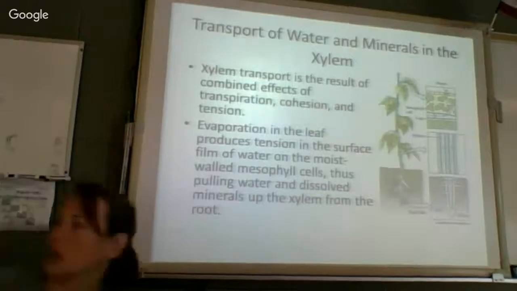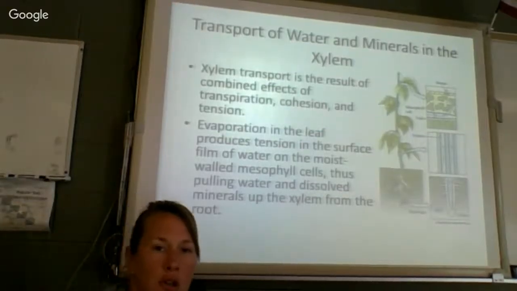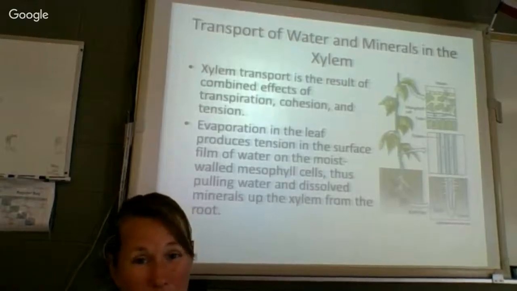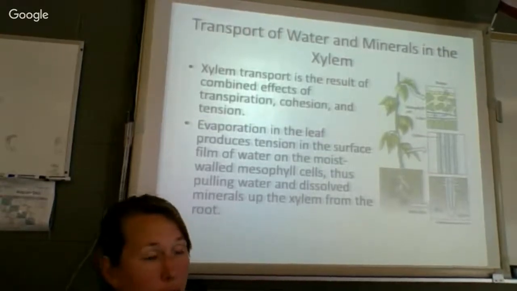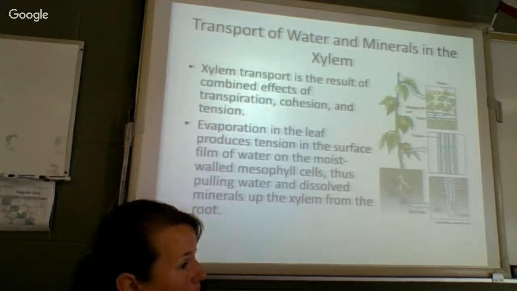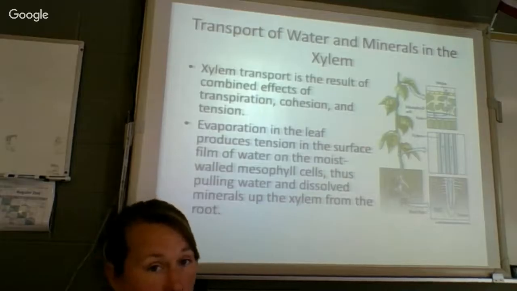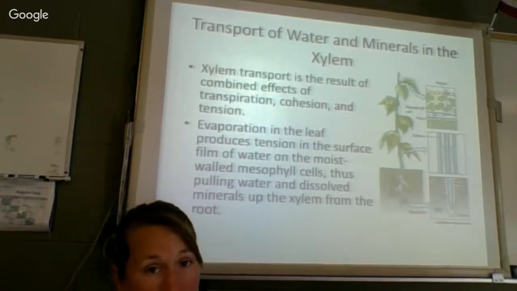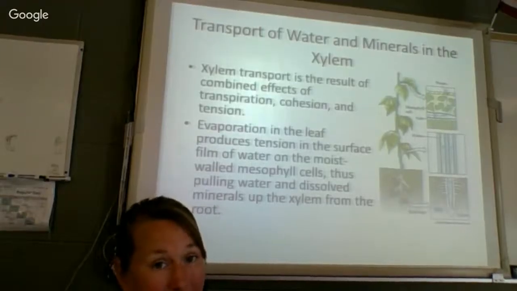The next one to talk about is water and minerals. In order for plants to get nutrients, they have to be dissolved in water. So we say water, but we also mean water and minerals, because those minerals are dissolved into the water as they're getting sucked up through the roots. So we have xylem, which is another funny word. It looks like exlem, but we say xylem.